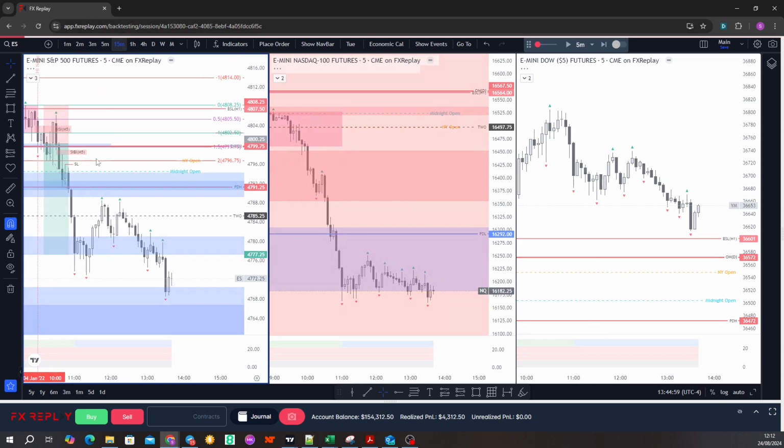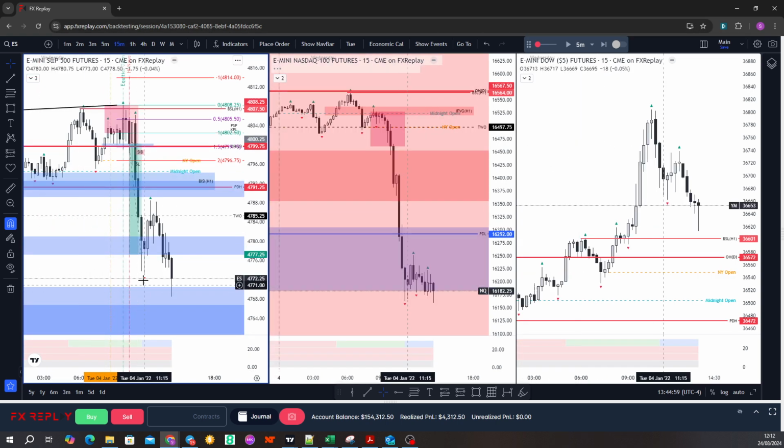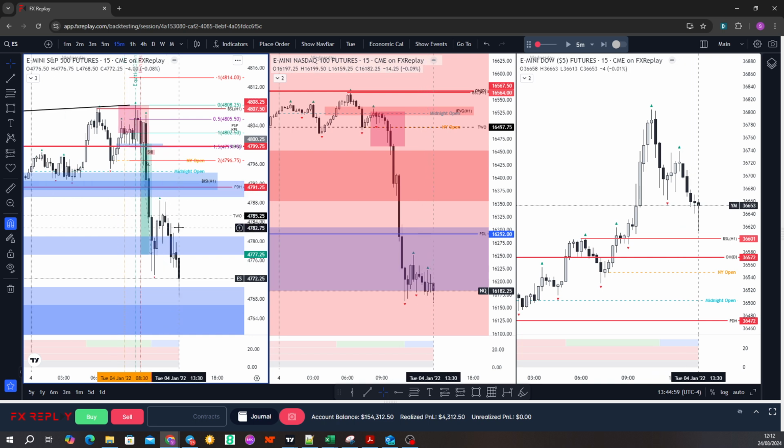If we go to the M15, you can see here, there's the low, and then price comes to take out the low, so the stop loss would have been put to here. And we're into the key area.